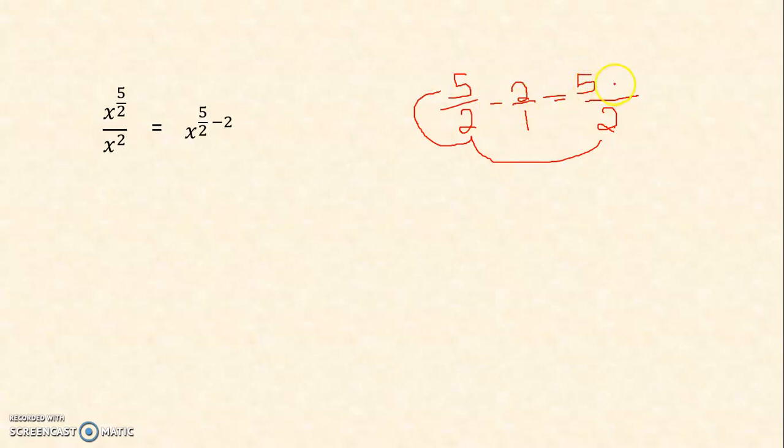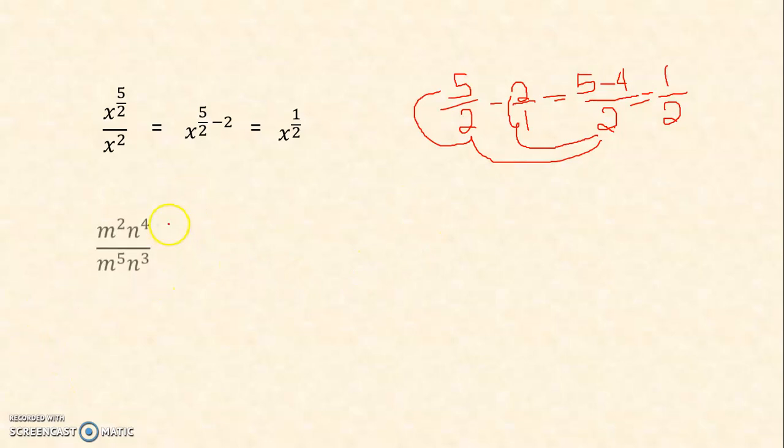The operation there is subtraction. Then we follow the same: 2 divided by 1 is 2, multiplied by 2 is 4. So you now have 5 minus 4, that is 1, all over 2. So you now have x raised to 1/2. Got it?